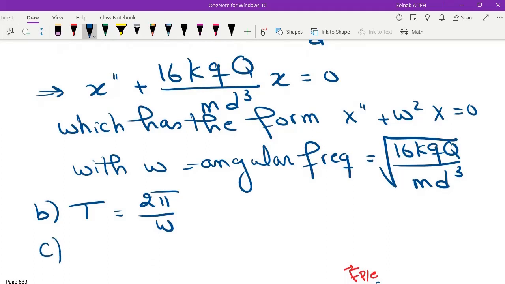And C, you always know that for an oscillation, if I release the particle which is oscillating between two extreme positions, x max and minus x max, when it reaches the equilibrium position, which is in the middle, it will gain its maximum speed, and this maximum speed is equal to omega times x maximum.